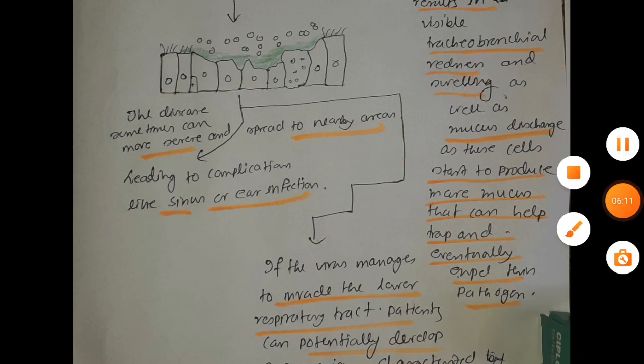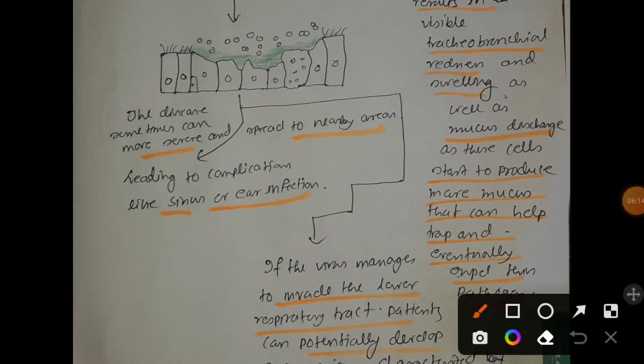Not only that, if the virus can manage to invade the lower respiratory tract, it can develop pneumonia, and pneumonia is characterized by fluid or pus developed in the lungs. In most cases pneumonia weakens the immune system, and that is why the person is at a higher risk of developing a secondary bacterial infection, and this secondary bacterial infection may be caused by, let's say, Streptococcus pyogenes, Streptococcus pneumoniae, or Staphylococcus aureus type bacteria. So that is the pathology of influenza virus.